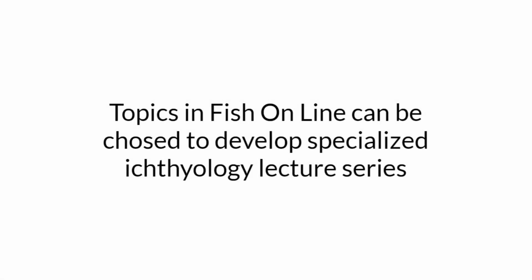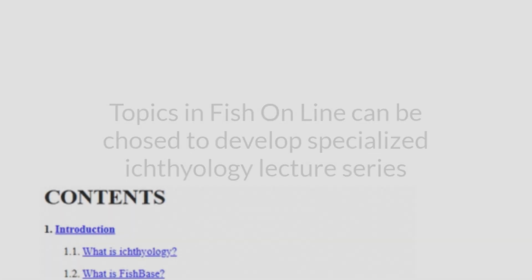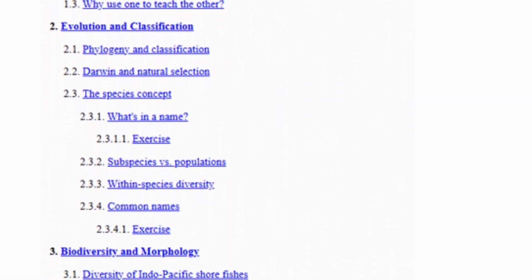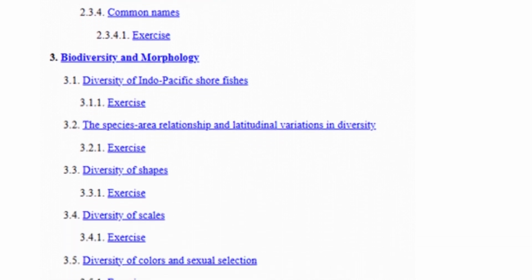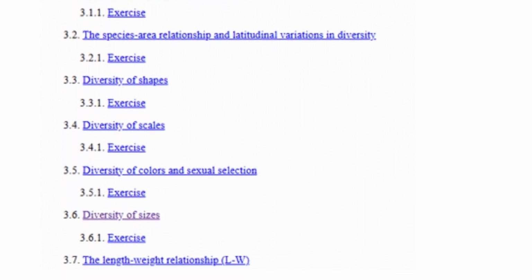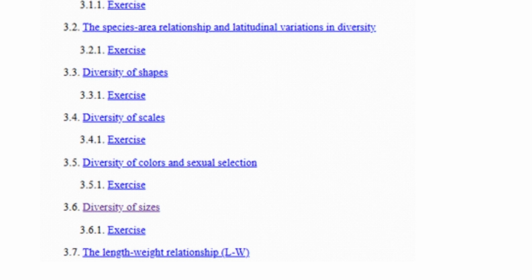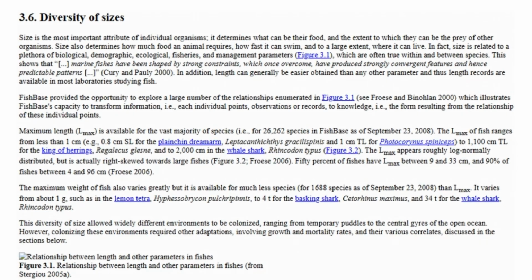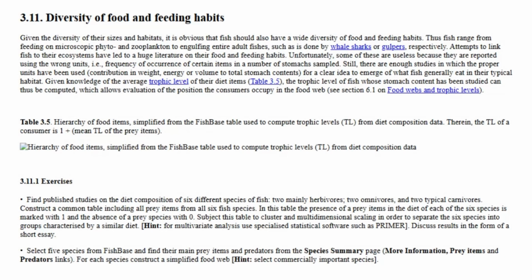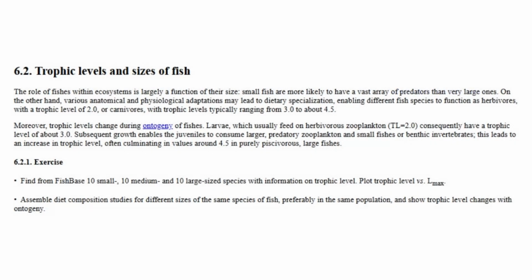It is also possible to pick out topics and develop a series of lectures for focused or specialized ichthyology courses. For example, if the teacher wants to focus on the relationships between the size of a fish and where it is at in the food web, a series of lectures can be developed from Section 3.6 Diversity of Sizes, Section 3.11 Diversity of Food and Feeding Habits, and Section 6.2 Trophic Levels and Sizes of Fish.